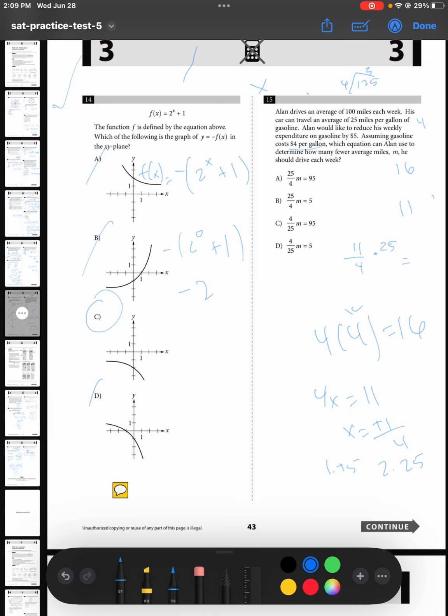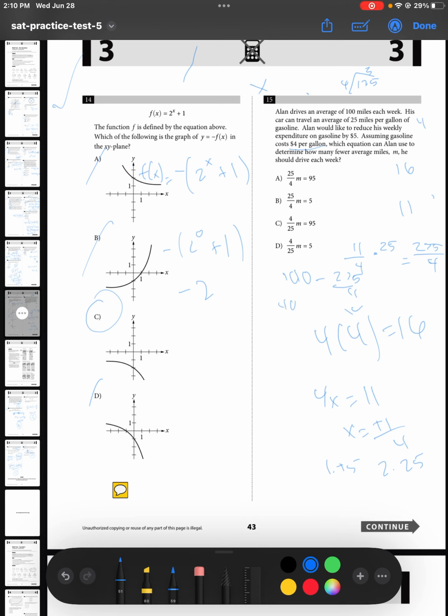Okay, yeah. So 11 over 4 gallons times 25 miles per gallon tells you how many miles you go, okay? So that would be 275 divided by 4. To see how much fewer you have to go to get that, you do 100 minus 275 over 4.